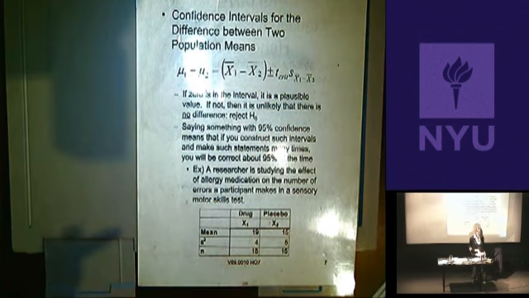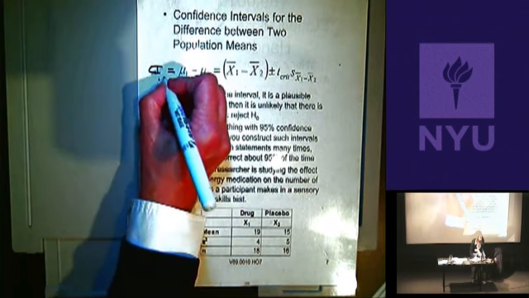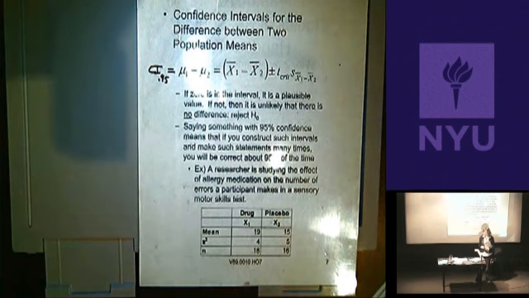Now again, he writes it as mu1 minus mu2. I tend to write confidence interval, and let's say it's a 95% confidence interval, 0.95. Either way you want to write it is fine with me. So let's create a confidence interval for these data.